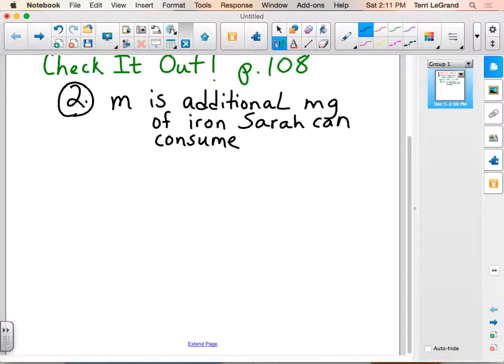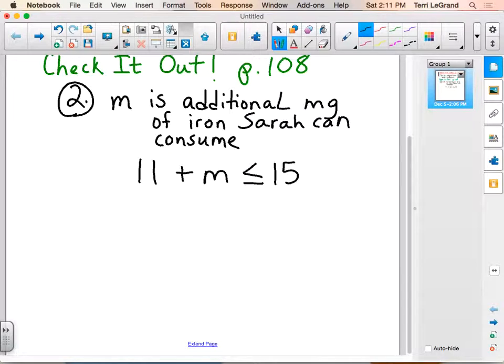We need to show how many more she can consume without going over that recommendation. So she's consumed 11, plus those additional milligrams of iron. So 11 plus the additional milligrams of iron she can consume cannot be any more than, but can be, 15. The recommended amount is 15, so it is less than or equal to 15.